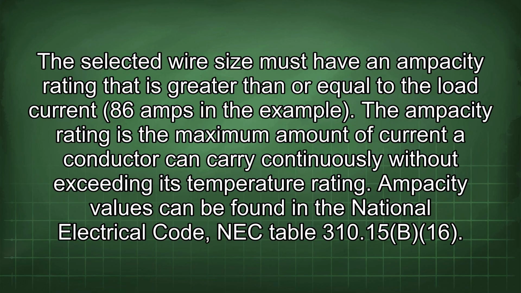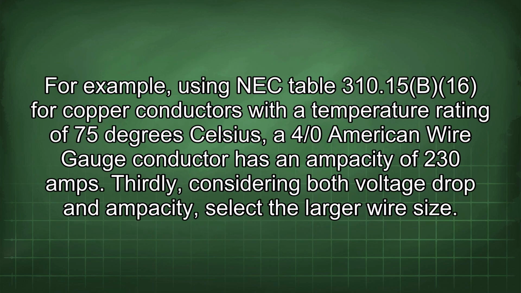its temperature rating. Ampacity values can be found in the National Electrical Code, NEC Table 310.15(B)(16). For example, using NEC Table 310.15(B)(16) for copper conductors with a temperature rating of 75 degrees Celsius, a 4/0 American wire gauge conductor has an ampacity of 230 amps.